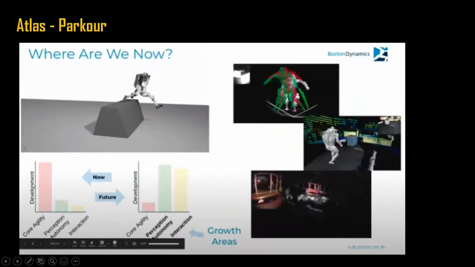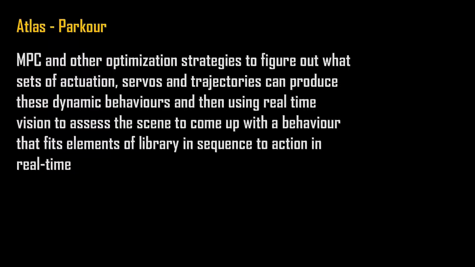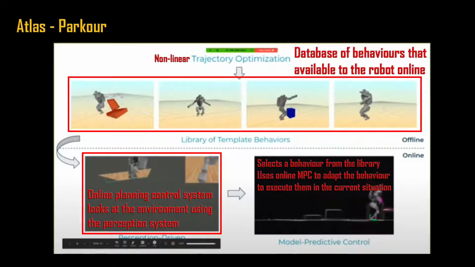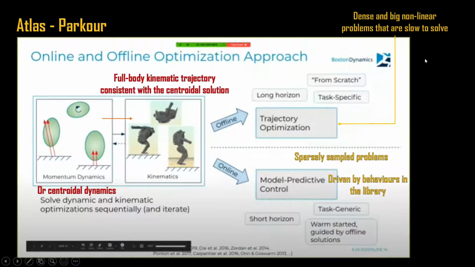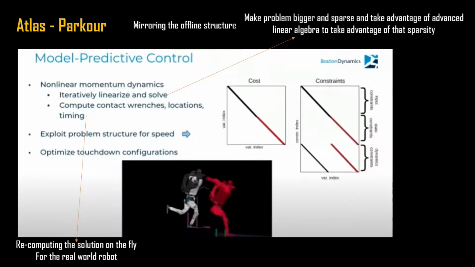So you see here, the idea is they have been focusing mostly on the core agility, and they have started to focus on the perception part, which we saw also. They are taking the perception into account, but they are then adapting the trajectory that we got from the template behaviors, but that's still a very small aspect of it, right?